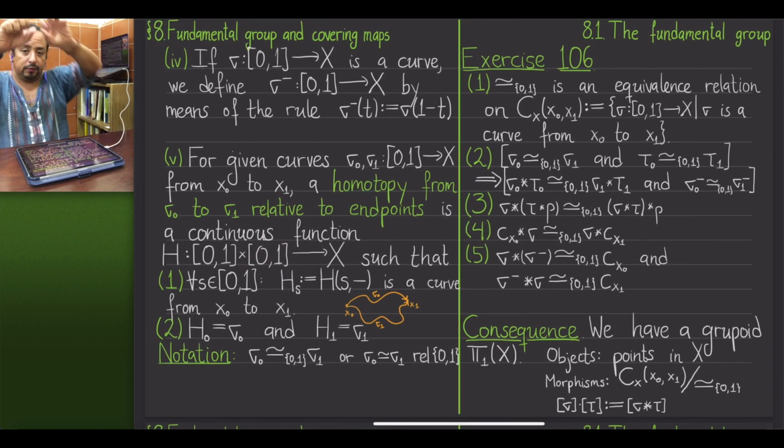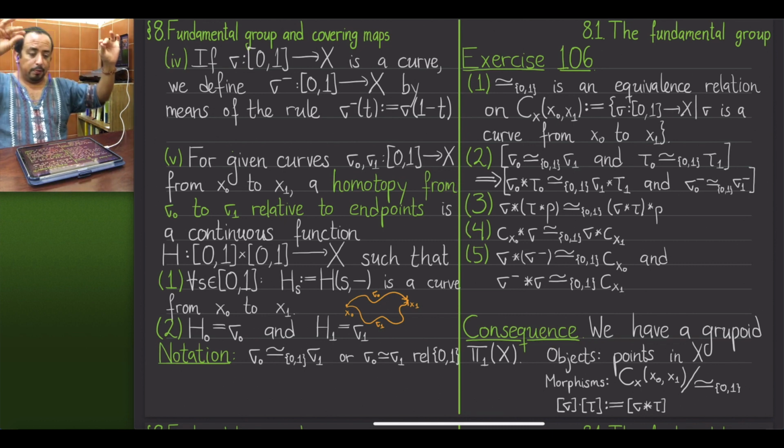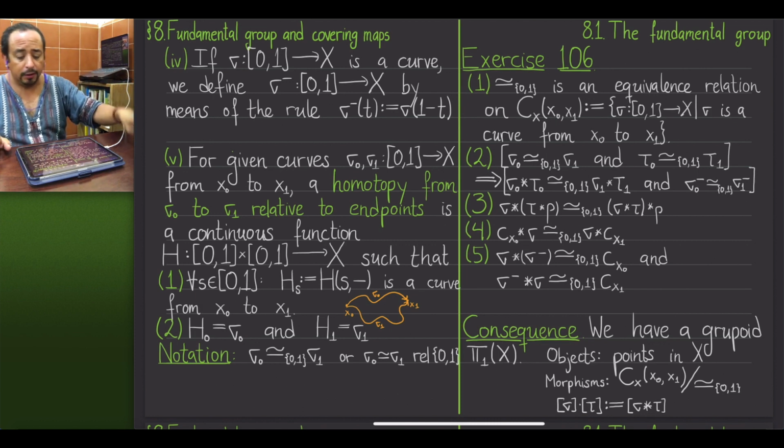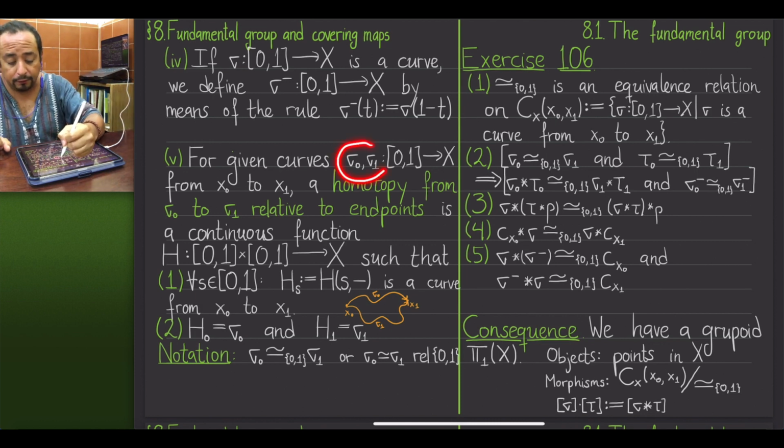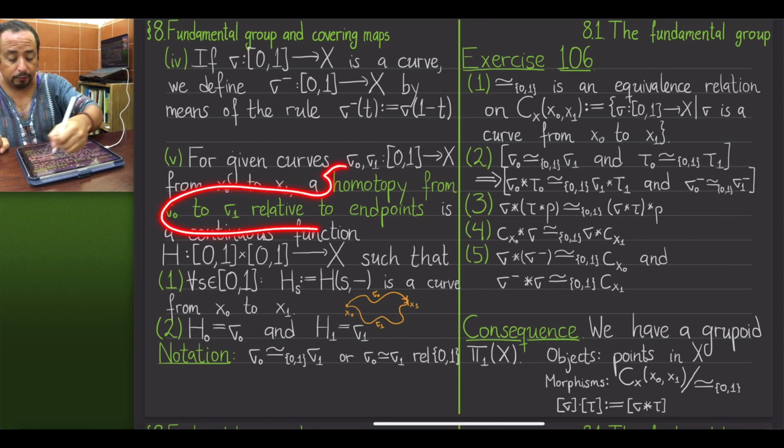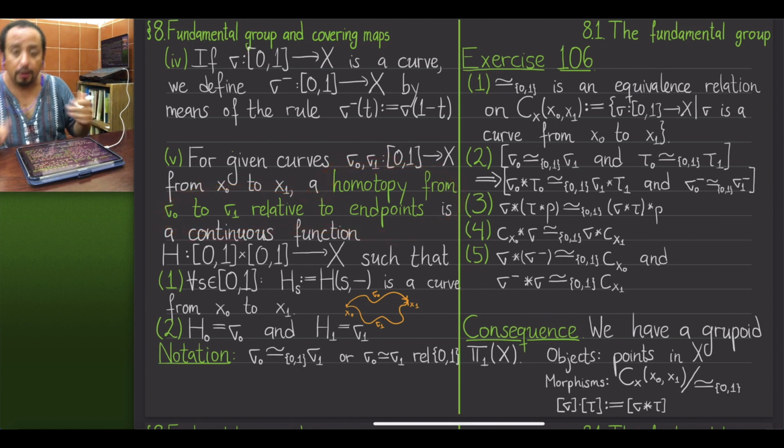So somehow you see, one has a deformation, but the endpoints throughout the deformation, which are x0 and x1, are not moved around by the deformation. So they are somehow anchored throughout the deformation. And, depending on the curves sigma naught and sigma 1, such a homotopy relative to endpoints from one curve to the other may or may not exist.